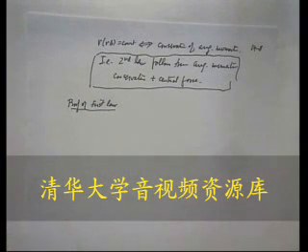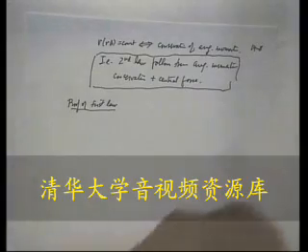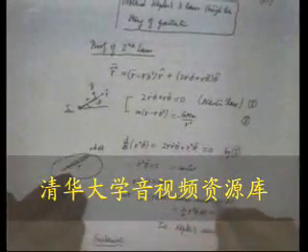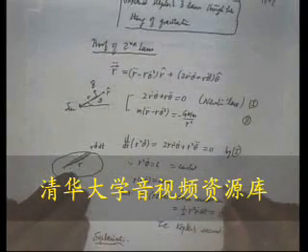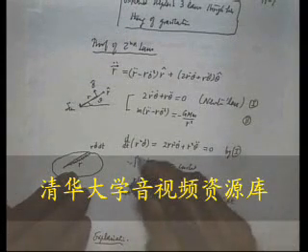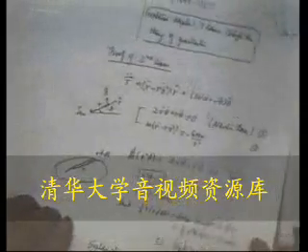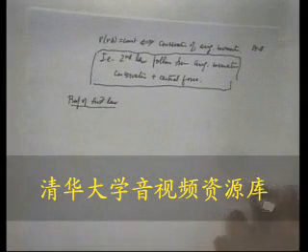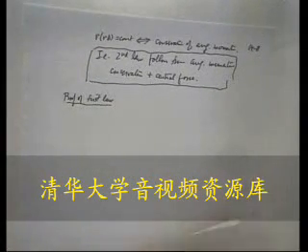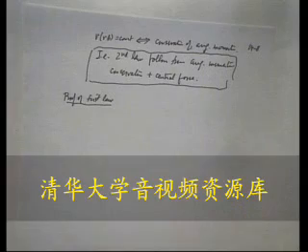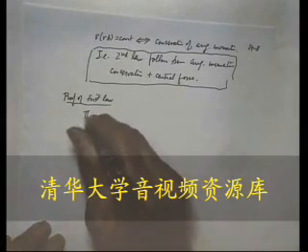Next, we are going to prove the first law. But before we do that, let me box this equation. r squared theta dot is equal to constant. Now we go to equation 2.